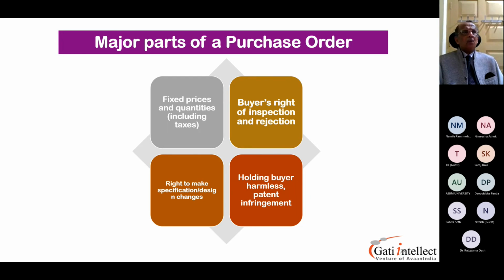Now, for example, let's take the case of consumables, a simple example. In a lot of major companies, they have one annual contract wherein all the prices are given and agreed upon.